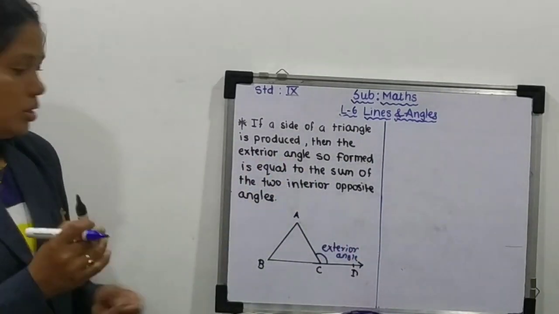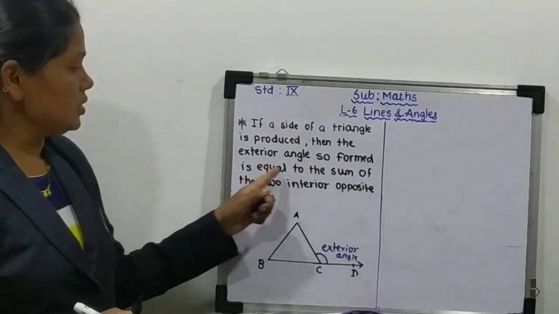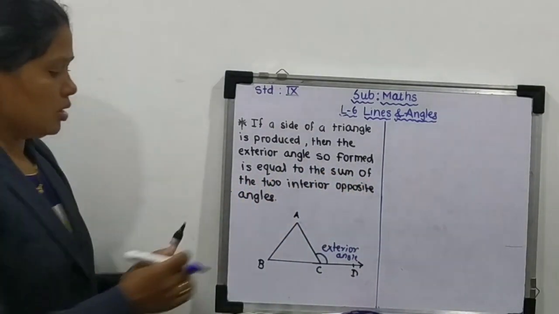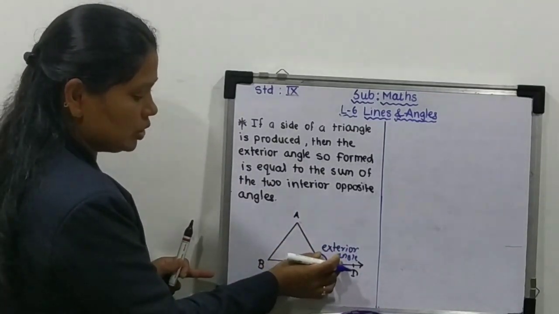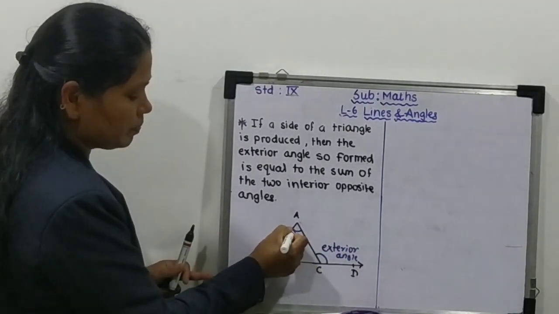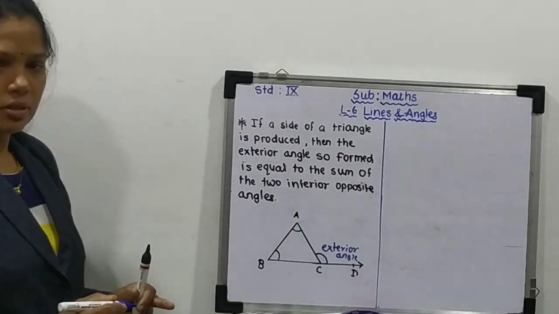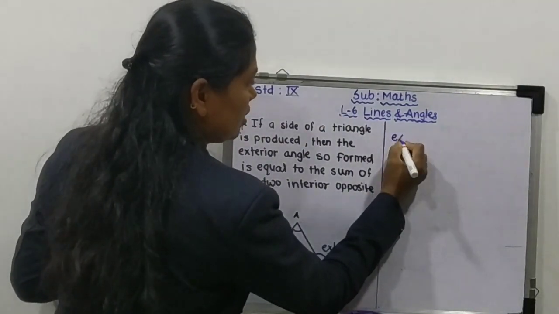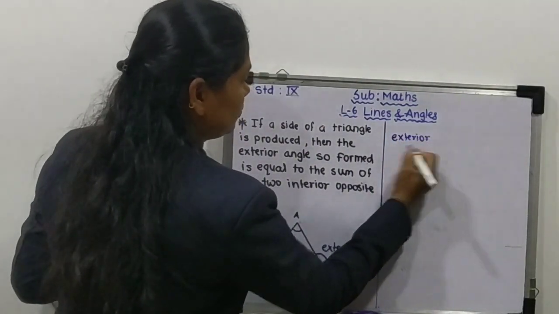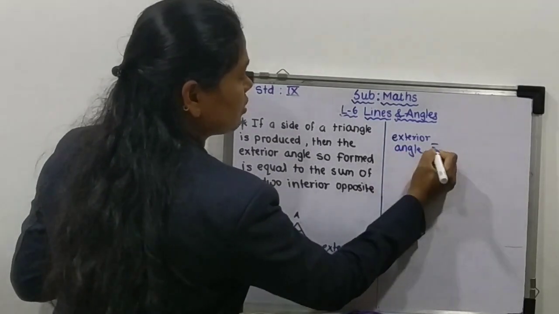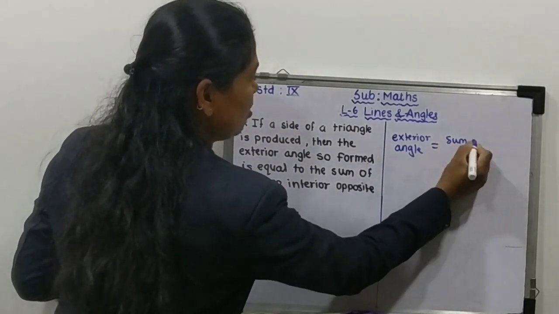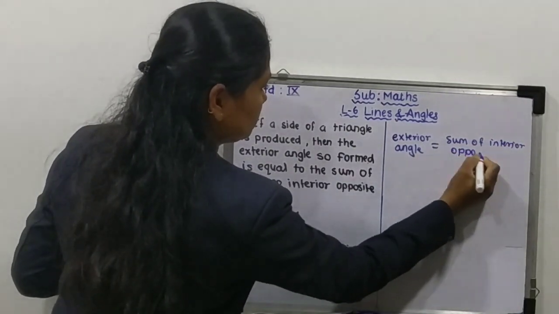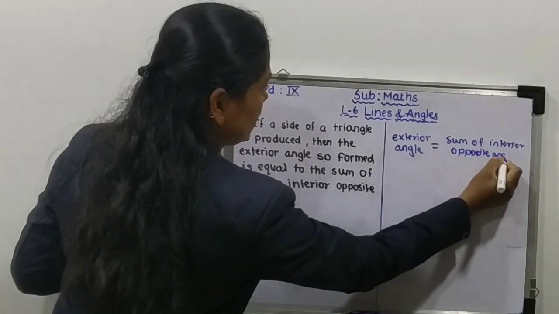Right? So, the exterior angle so formed is equal to the sum of the two interior opposite angles. Now, the angles opposite to this exterior angle are which ones? This and this. So this theorem tells us that the exterior angle is equal to the sum of the interior opposite angles.